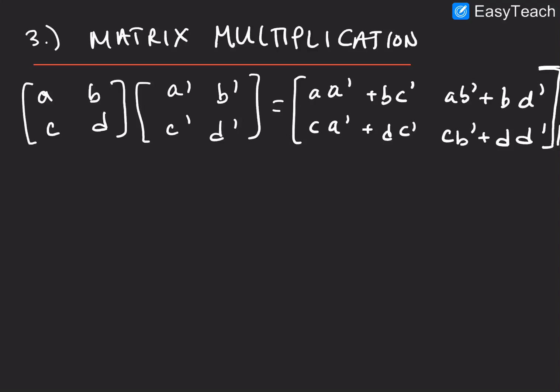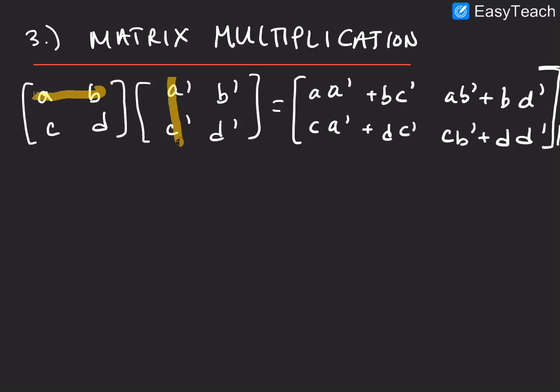So in order to multiply matrices together, you take this first term. Let's pull out a highlighter. Okay, so you take this row, A B, and you multiply it with this column. Okay?